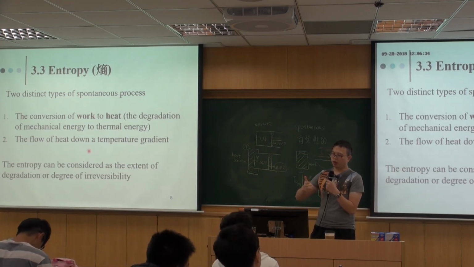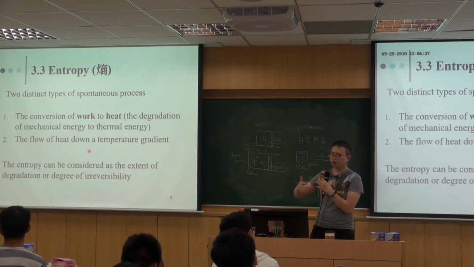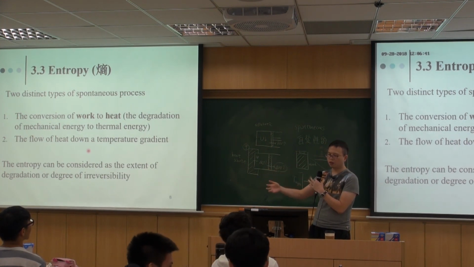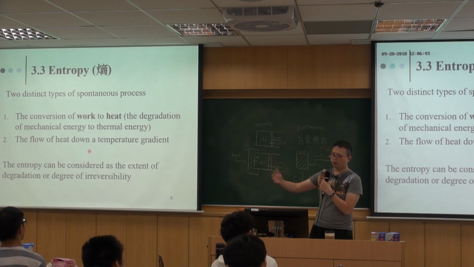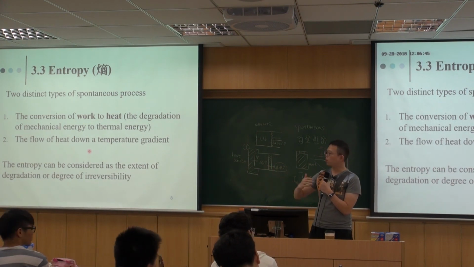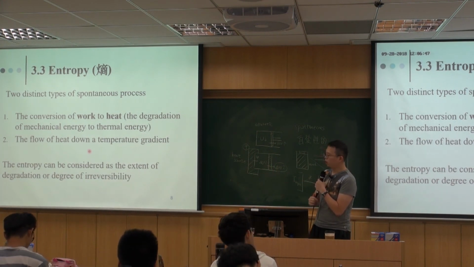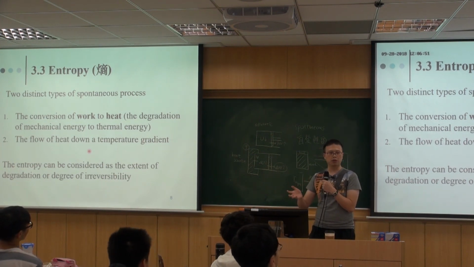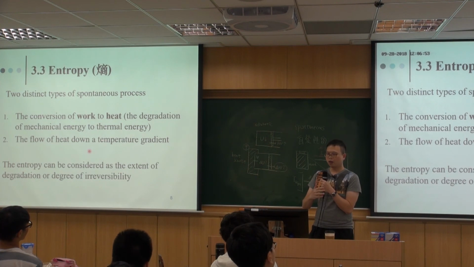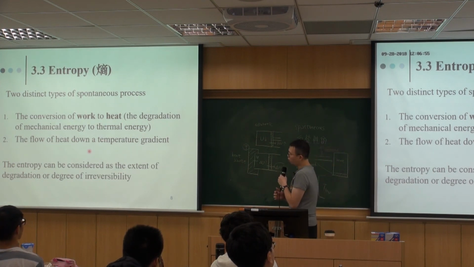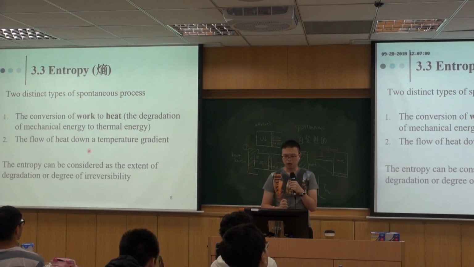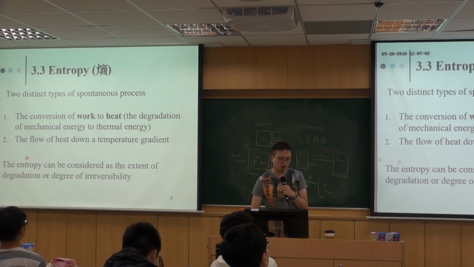So originally, if your system is very well ordered, and later on you have a very complicated mixed-up, random system, then you know that it's hard to reverse the process. But if you only change the system by a little bit, it is still possible to reverse the process. So the irreversibility can be measured and quantified by this quantity called entropy.